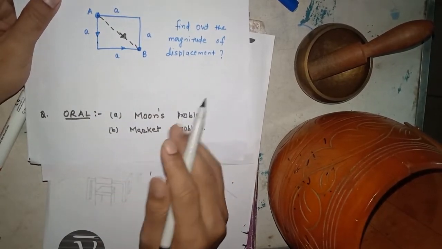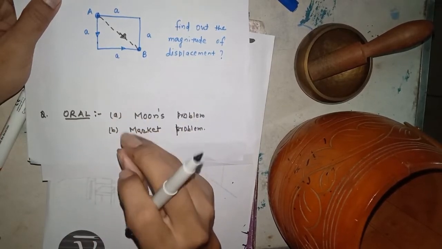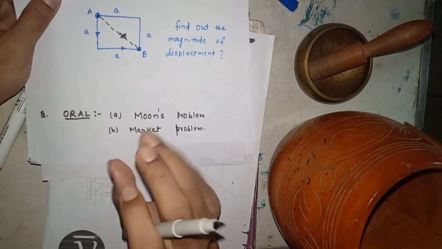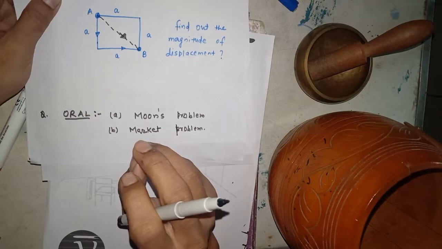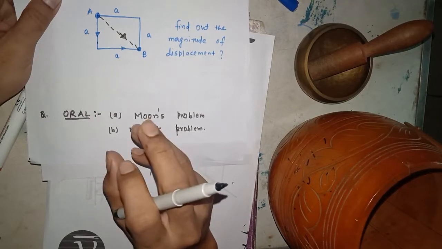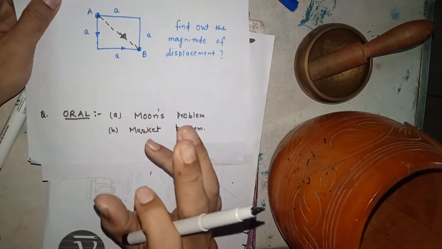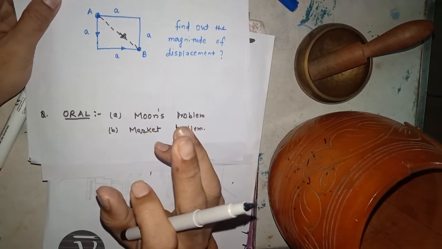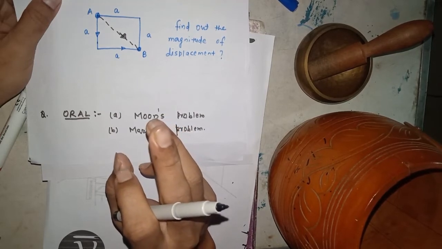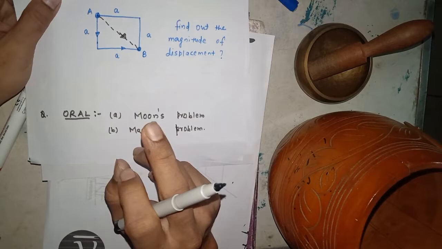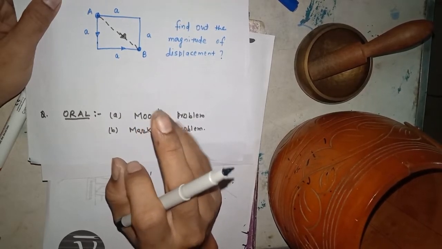Moon's problem means, let us take an example that if the moon revolves around our Earth in about 27 days, then what is the displacement when it revolves around it thrice? Or what is the displacement in 81 days? Can you think about the answer of this question?